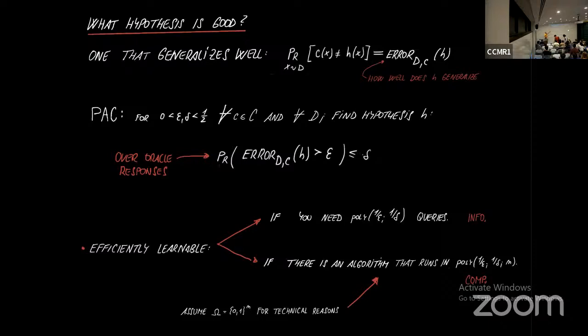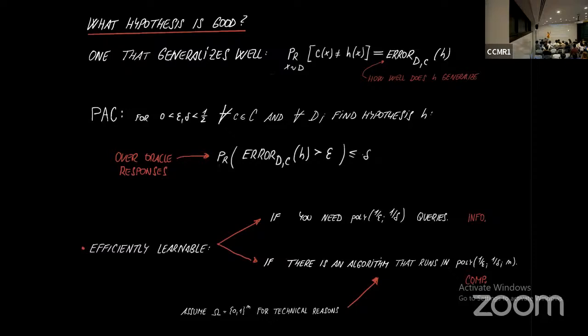Basically, the probability that your hypothesis disagrees with the target concept on a random sample drawn from the target distribution is the error that you're trying to minimize. Now, of course, as a learner, you will never have direct access to this because the data distribution is hidden from you, and so is the concept because you're trying to learn it. But at least you can try to upper bound it by doing things like empirical risk minimization.